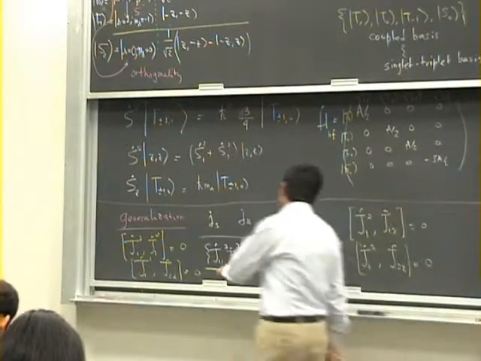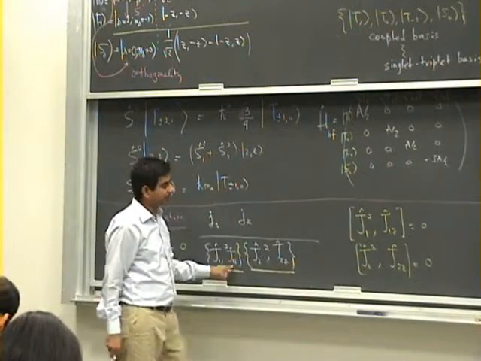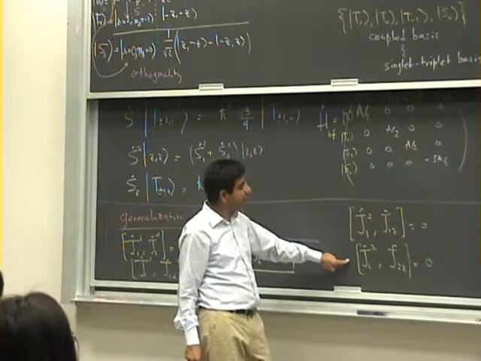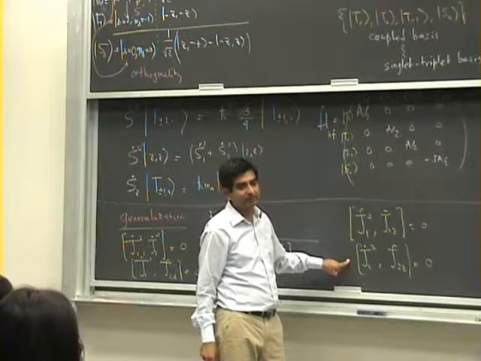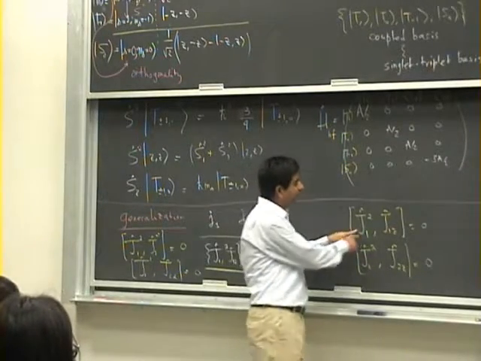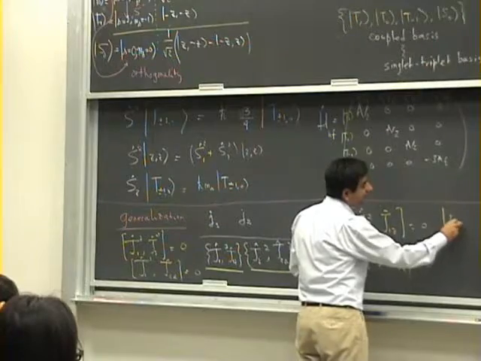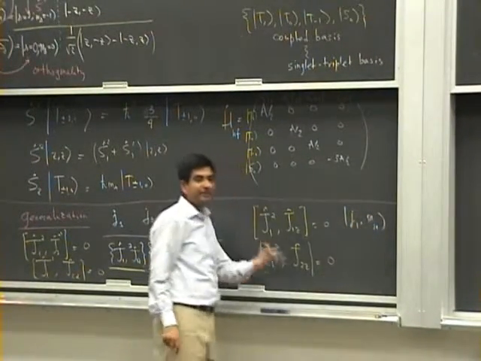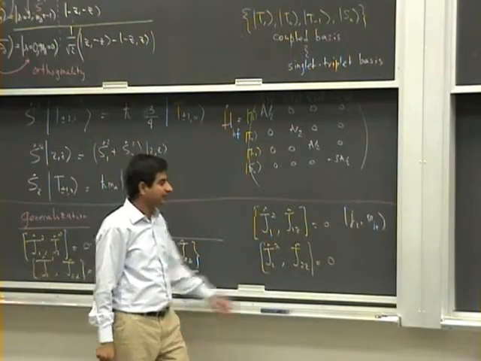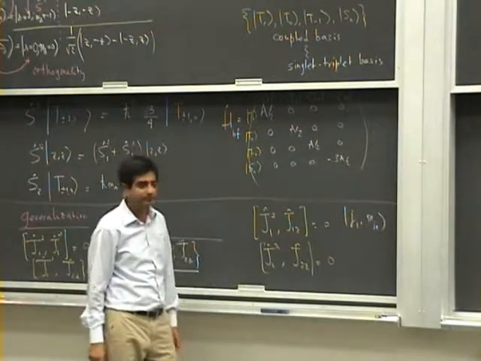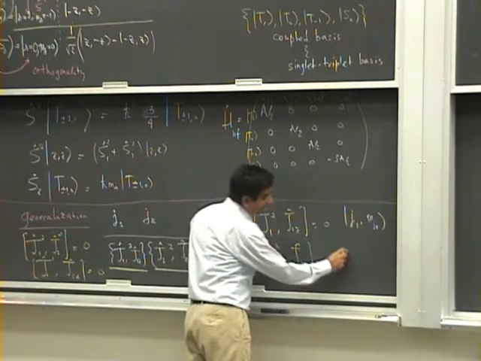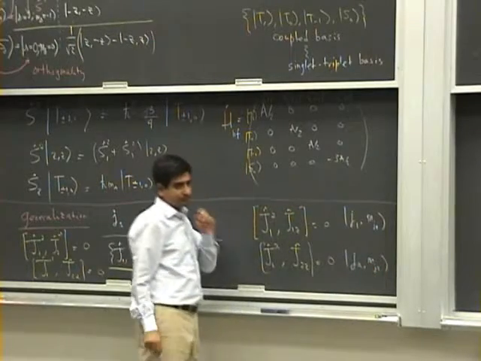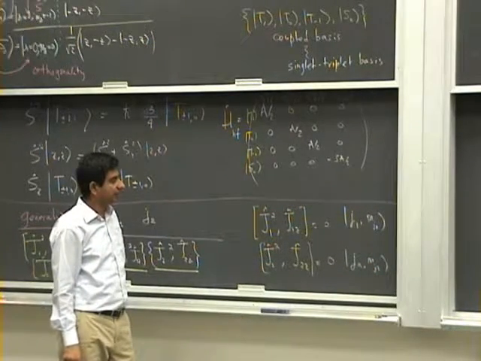Now since J1 squared and J1z mutually commute, they will have a joint eigenbasis. Since J2 squared and J2z commute, they will have a joint eigenbasis. So the joint eigenstates of these two operators are denoted by j1 and mj1. Right? It's given by two quantum numbers, j1 and mj1. The joint eigenstates of these two operators, let's label these by j2 and mj2. Okay.